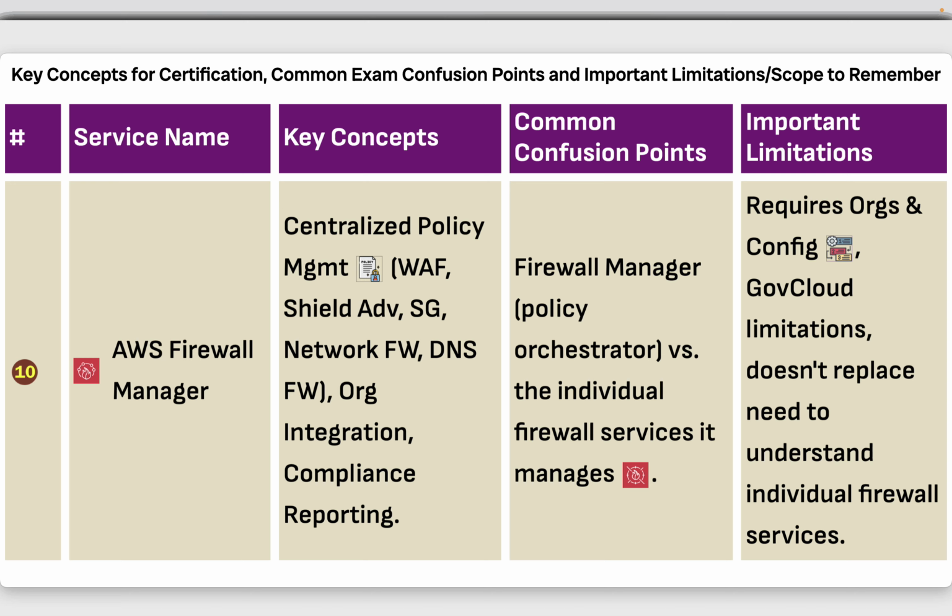Confusion can be between Firewall Manager, which is like a policy orchestrator, versus the individual firewall services which it manages, which is all the other ones: WAF, Shield Advanced, security groups, Network Firewall, DNS Firewall. Limitations: it requires Organizations and Config. There are some quota limitations and it does not replace the need to understand individual firewall services.